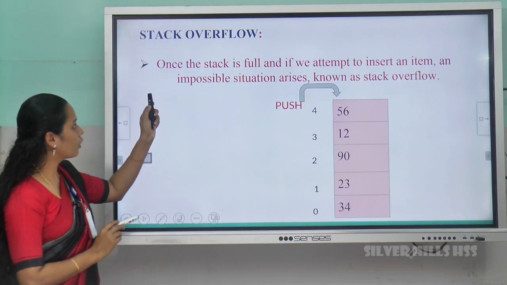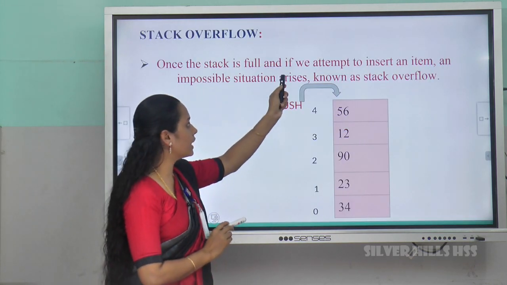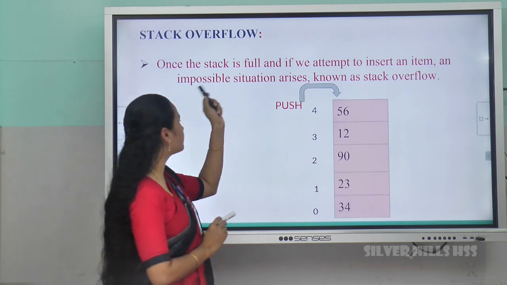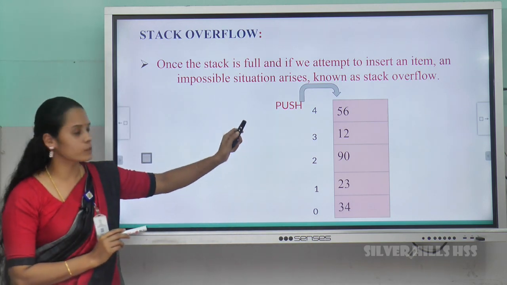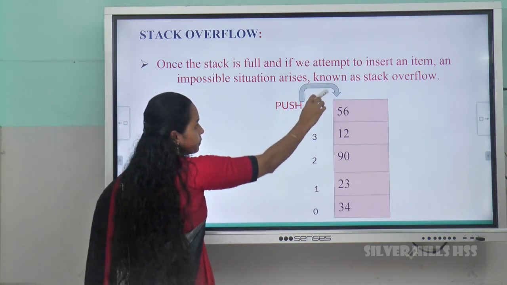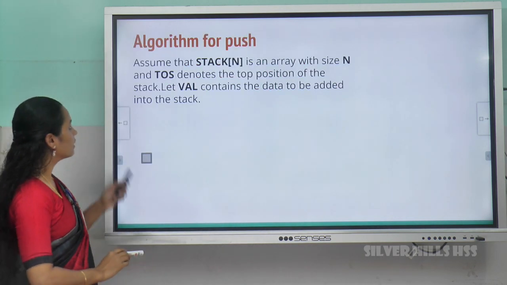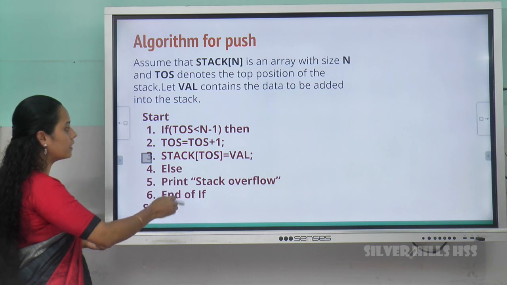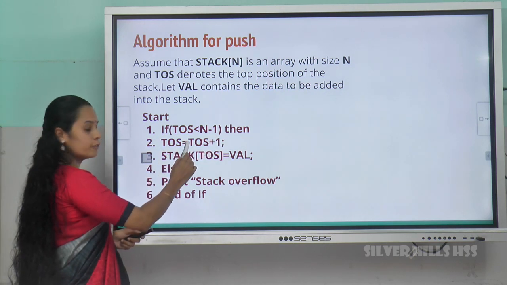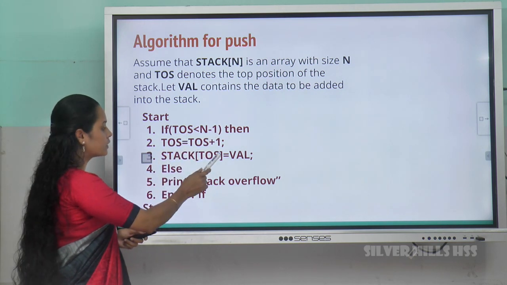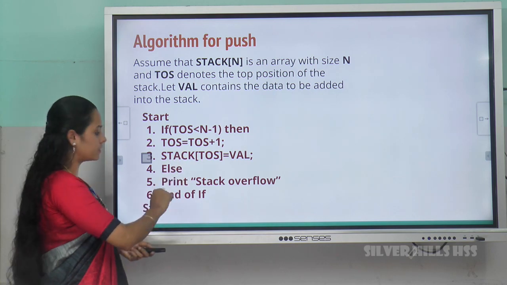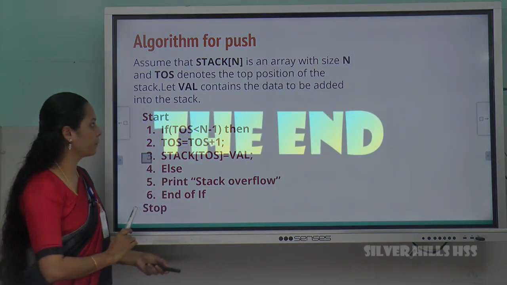Stack overflow means once the stack is full and we attempt to insert an item, an impossible situation arises, and that is known as stack overflow. Push means inserting an element to a stack. The algorithm for push is given here: if TOS is less than n minus 1, increment the value of TOS, then store that value inside that position, else print stack overflow.